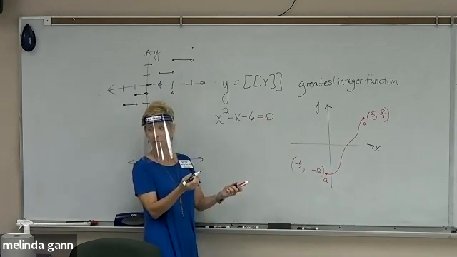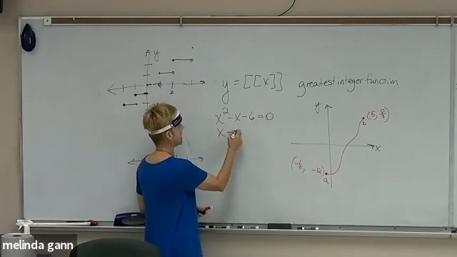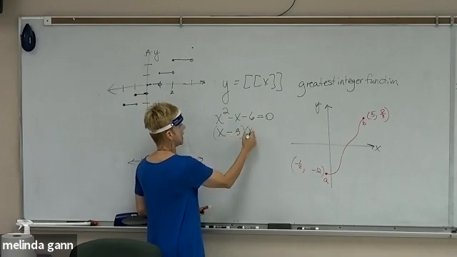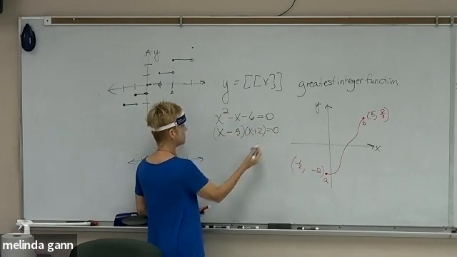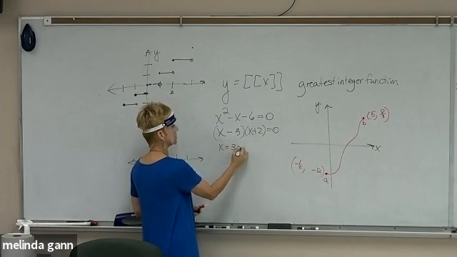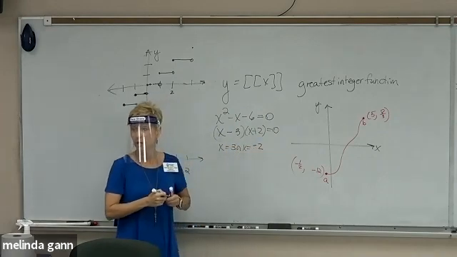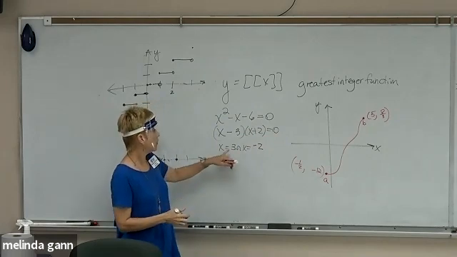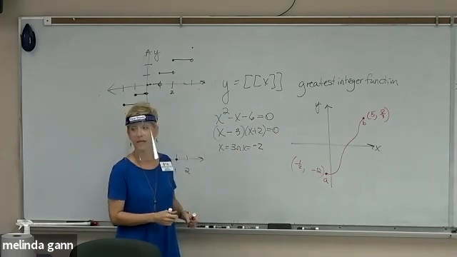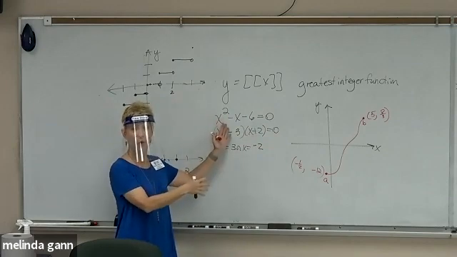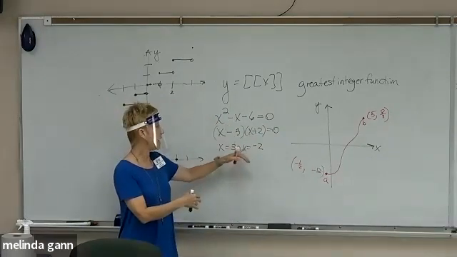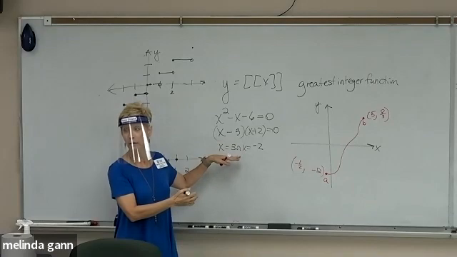You factor it. And you'd say (x minus 3)(x plus 2) is 0. So either x is 3 or x is what? -2. So you know that when x is 3, the y is going to be 0. So (3, 0) is on this parabola. (-2, 0) is what?